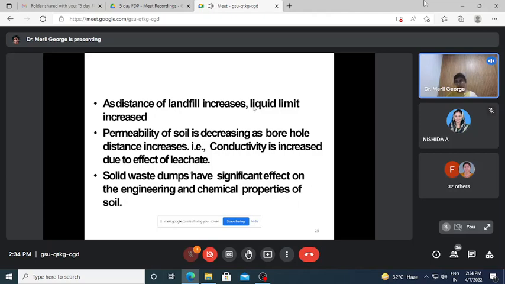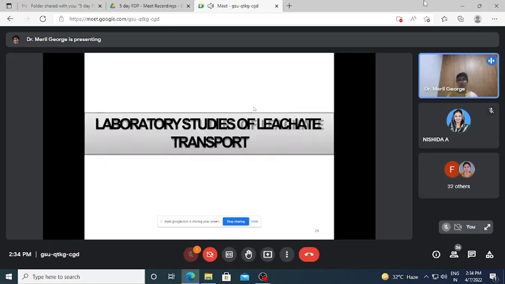In order to confirm my observations, I conducted a laboratory study on the effect of leachate on soil properties, and also to analyze the transportation pattern of leachate.